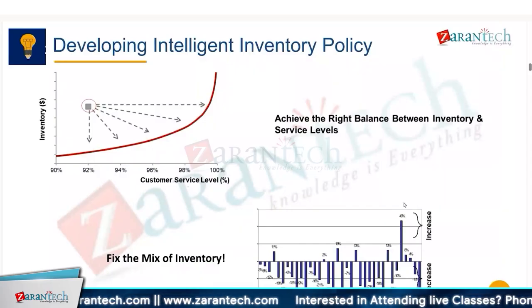So it's important to have the right mix of inventory for the right mix of products, and this can be better handled in the ABC XYZ analysis. You will see the products which are extremely volatile in nature should have the least amount of inventory. Otherwise, we end up creating obsolete inventory. Any specific questions on this?